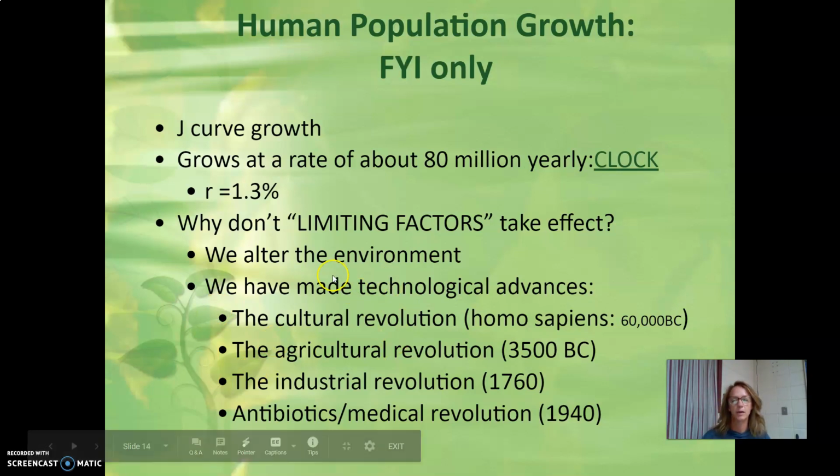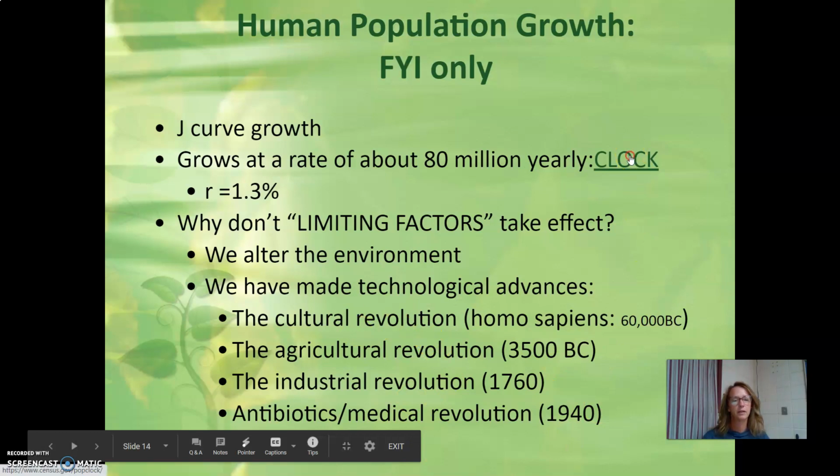Because we are so smart, we have altered the environment. Our culture helps us to survive. Being able to grow big crops helps us to survive. Industry and being able to store food and refrigeration, all that helps us to survive. And then our medical knowledge helps us to survive. So humans don't follow the same curve that other organisms in the environment do.